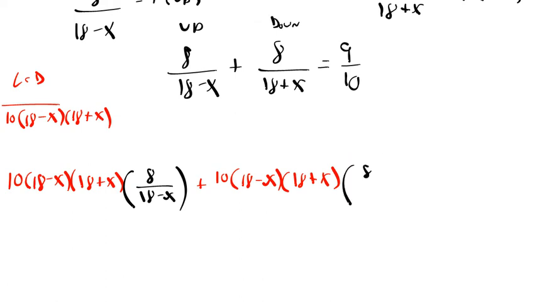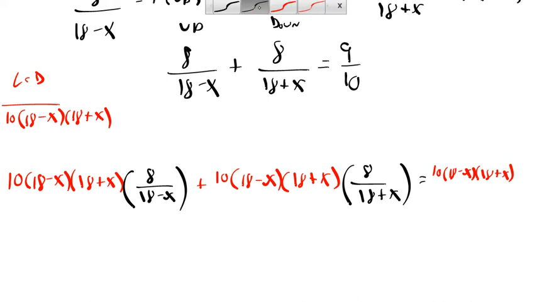Times that by 8 over (18 plus x), equals, now multiply this guy by 10 times (18 minus x) times (18 plus x). Let me see if I can fit this all in. And that whole thing gets multiplied by 9/10.